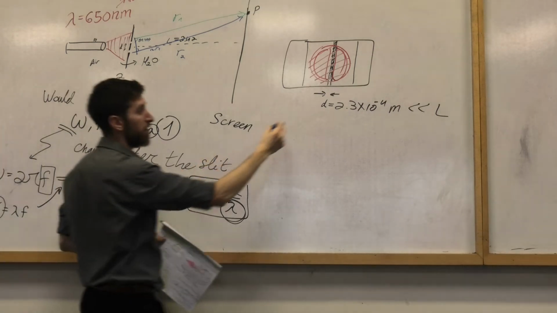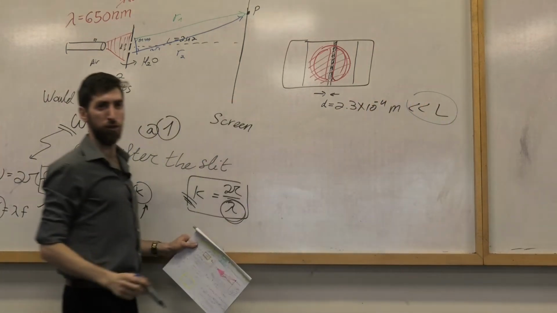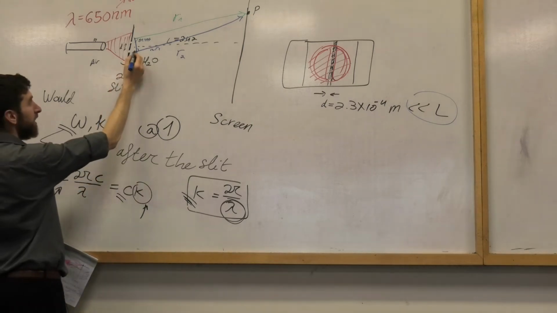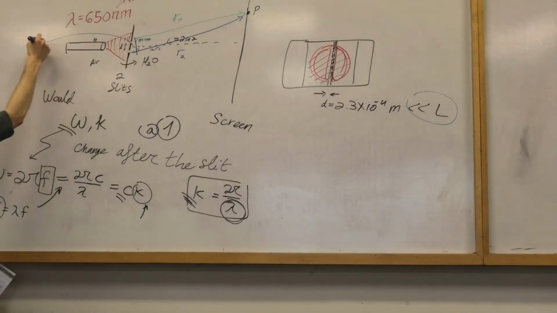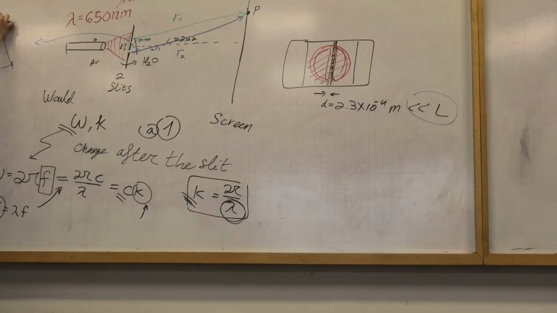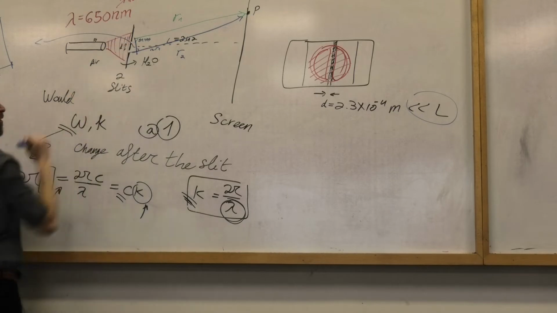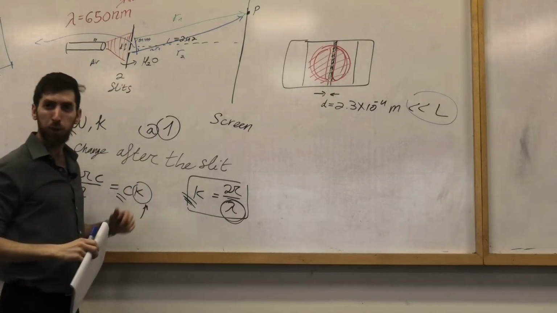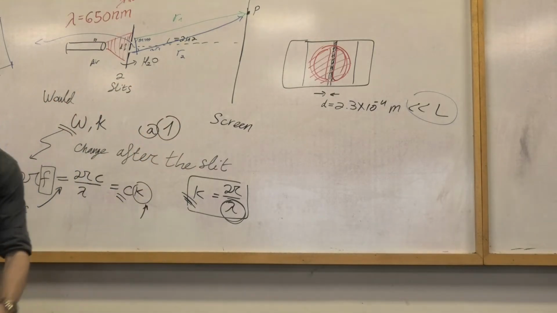It's true because L is huge. It's really far away. Got it? And this distance, let's take this triangle out. So this triangle is actually delta R. This thing here, and what is this? This is the distance between the slits. This is D.